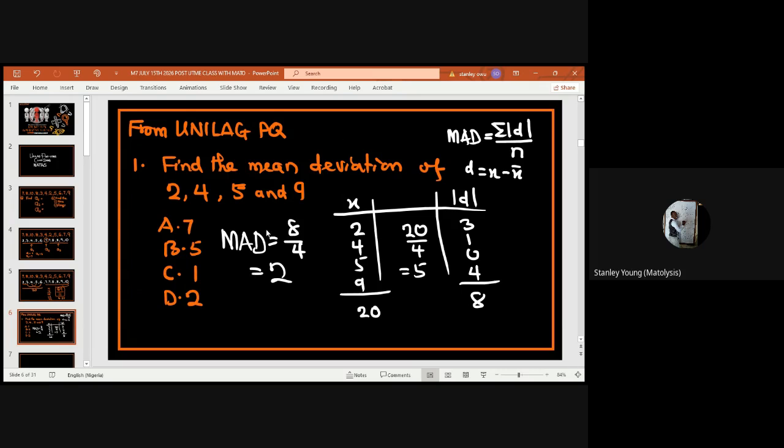Now, I quickly want to say this. As a candidate in the exam hall, the first thing my mind will cancel out is figures like 7 and 5. I have 2, 4, 5, and 9. Since the figures are not too far away from themselves, I do not expect the mean absolute deviation to be around 7 and 5.